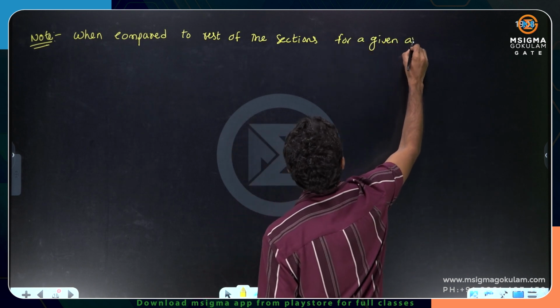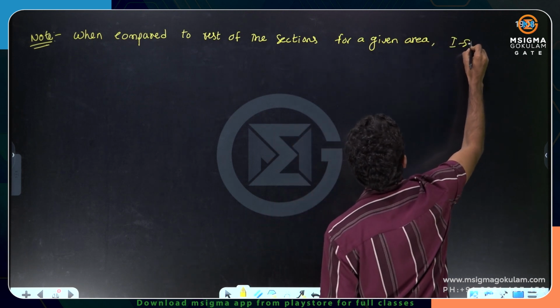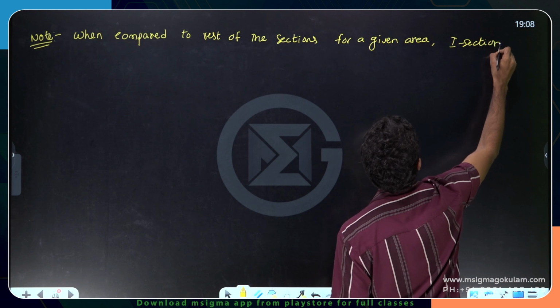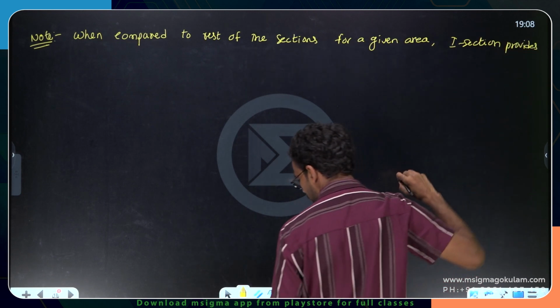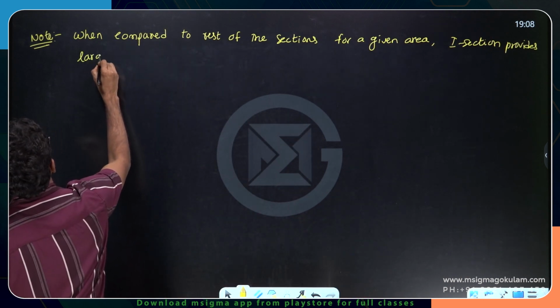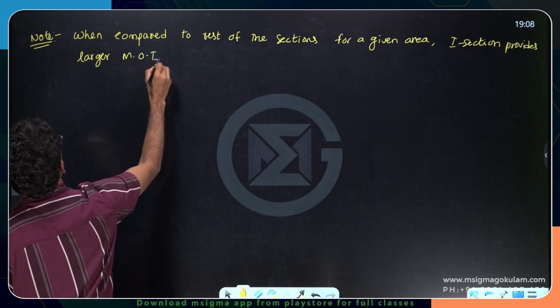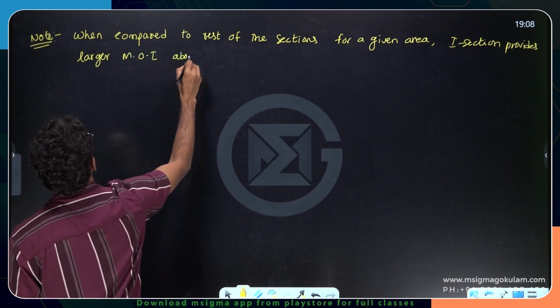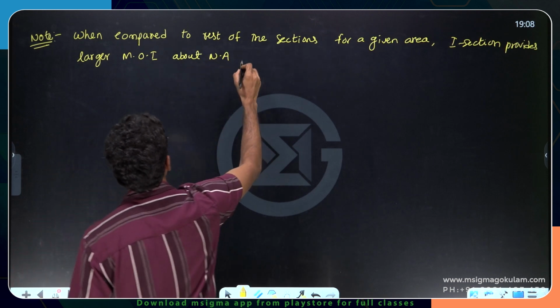for a given area, the I section provides larger moment of inertia about its horizontal axis, nothing but the neutral axis.